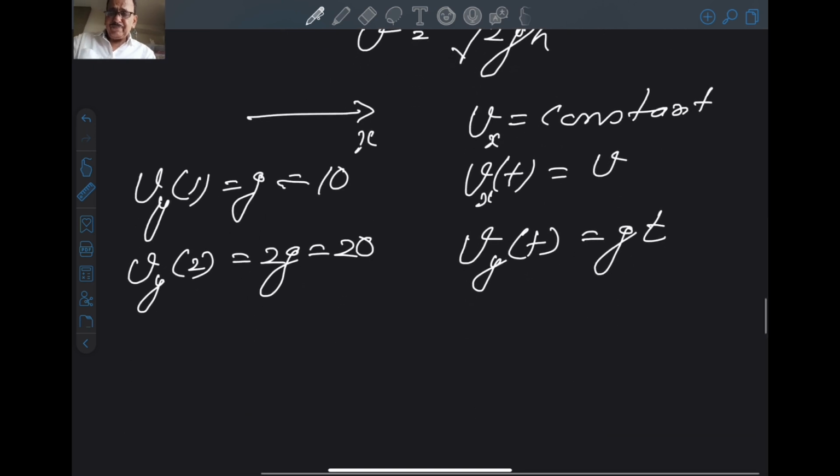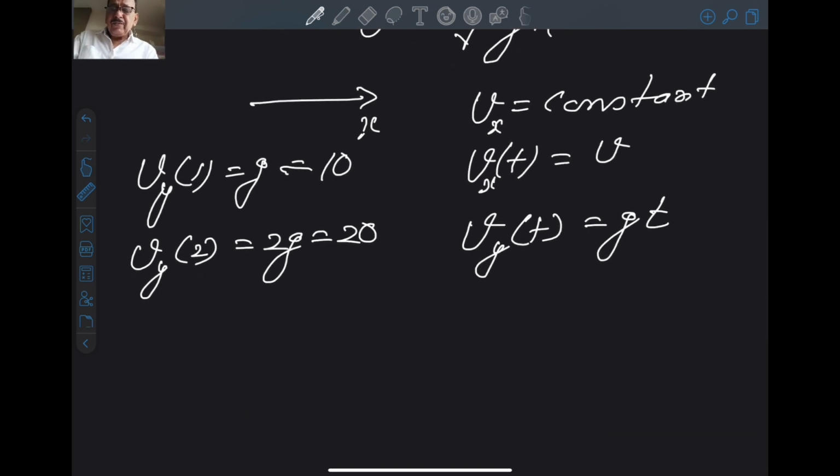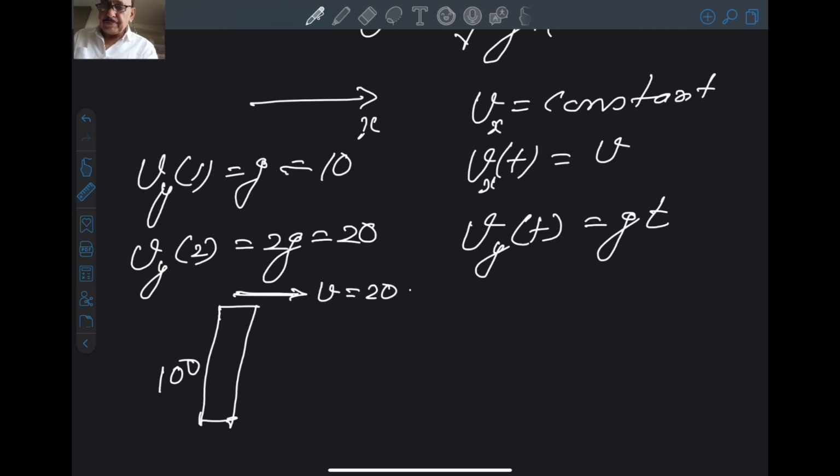So in this way, it is very easy. Suppose I take an example. Let this be a tower of height 100 meter. A particle is projected with velocity 20 meter per second. Now, what shall we do? We calculate all parameters. Time of flight.